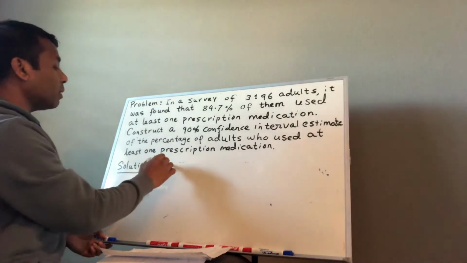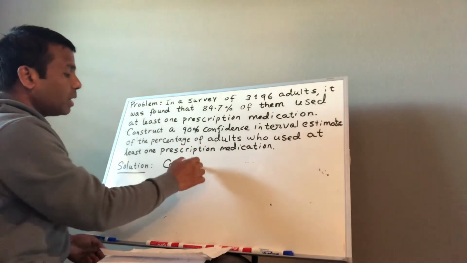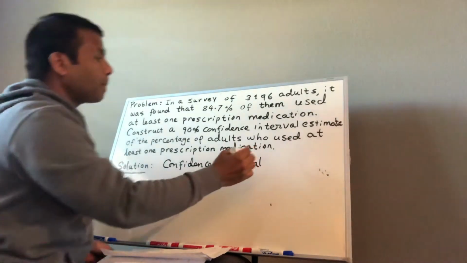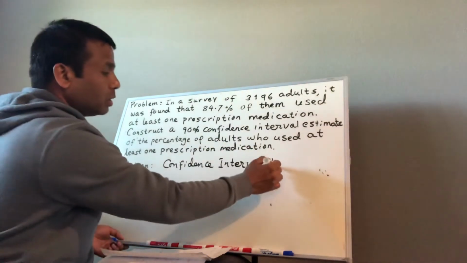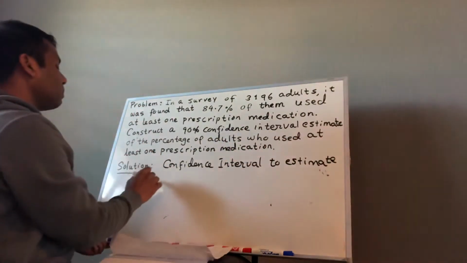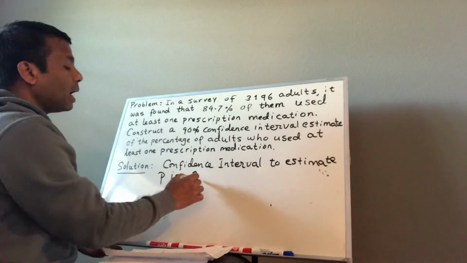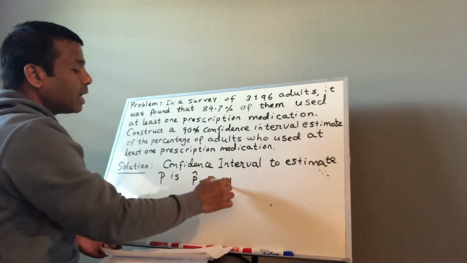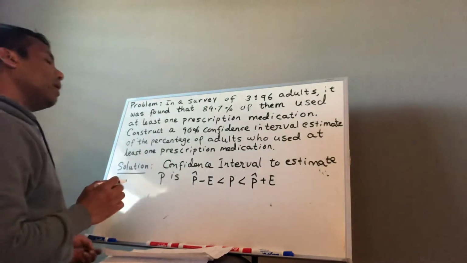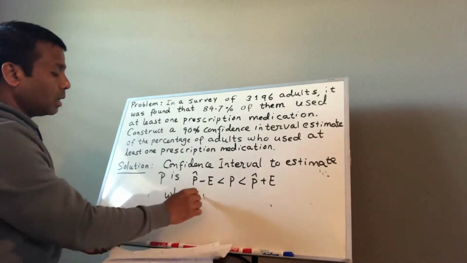The confidence interval to estimate the population proportion p is p hat minus E is less than p is less than p hat plus E, where E is the margin of error.